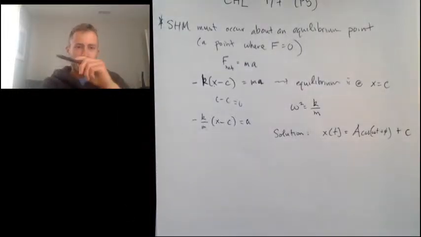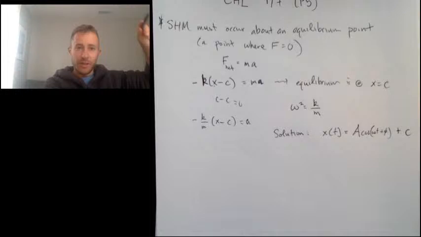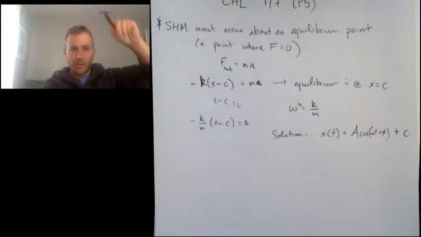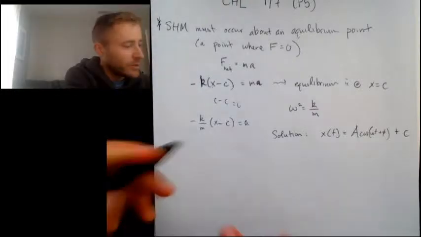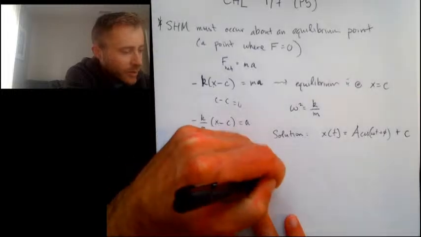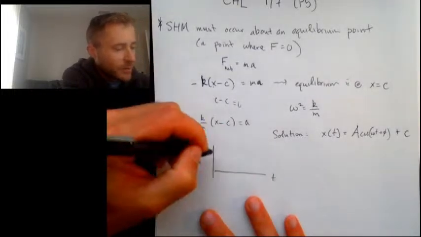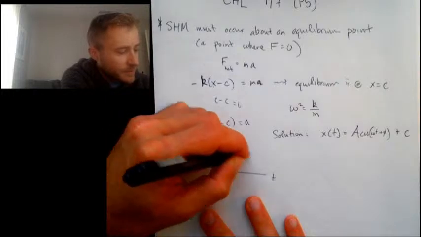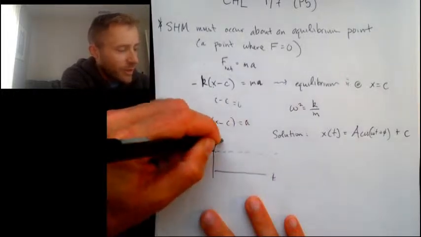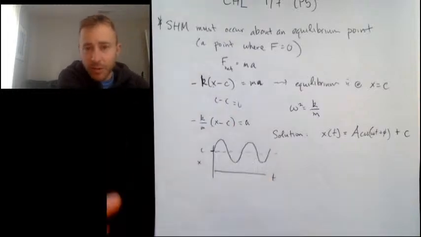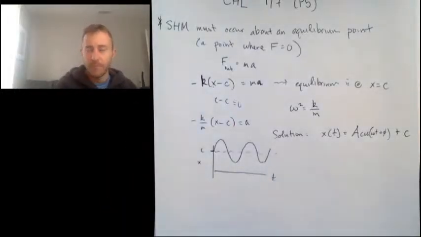If you think about a cosine function, it oscillates about x equals 0. But if we add this constant, it's going to oscillate about x equals c. So your position-time graph is going to look like this. Here is x equals c, and it's going to oscillate about that point instead. So it'll be a shifted sine graph.